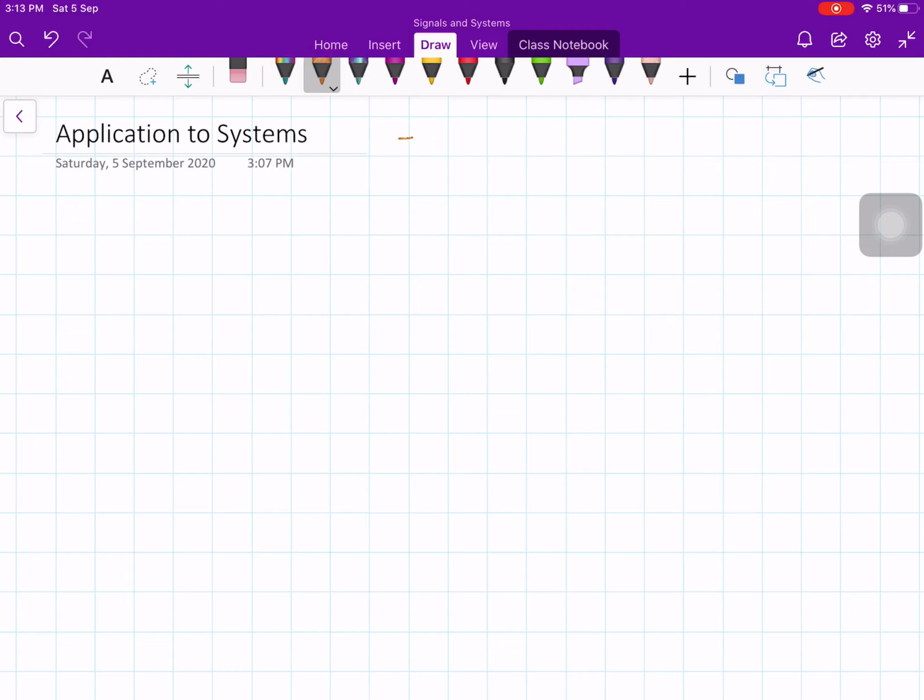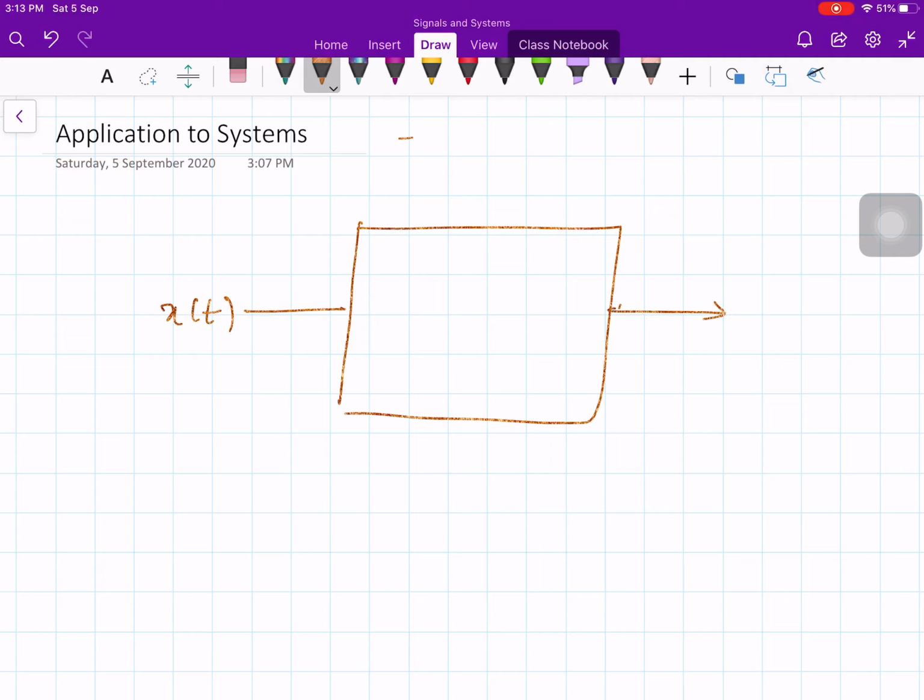So, in the system terminology, if we represent input x of t and the output y of t, respectively, then this is a linear continuous constant parameter system.